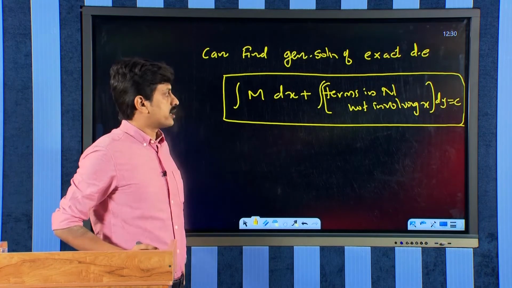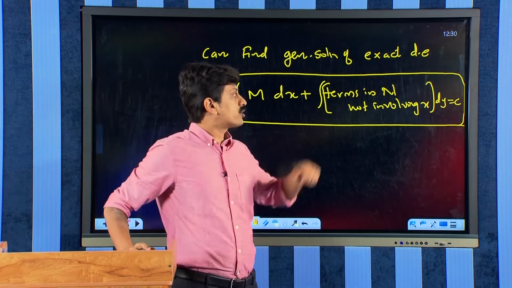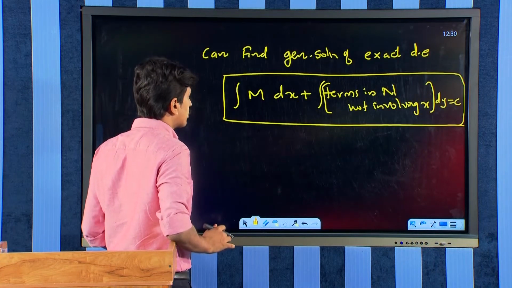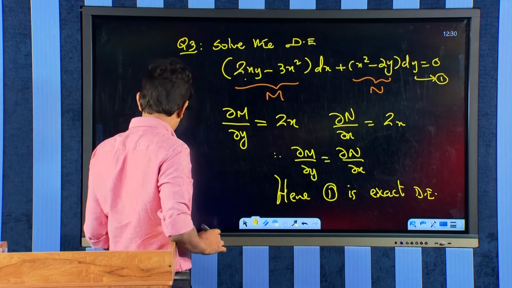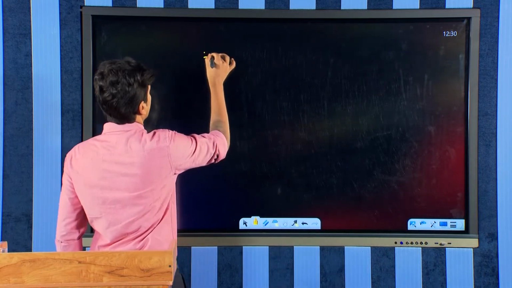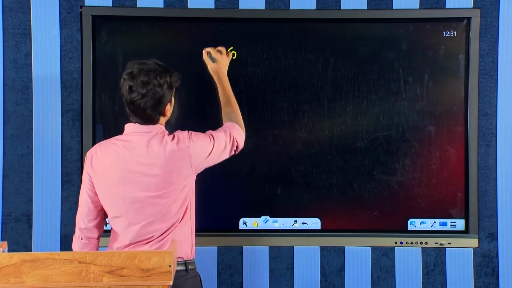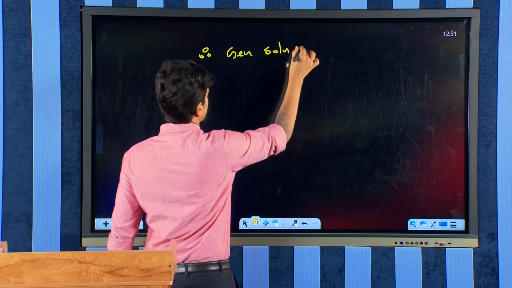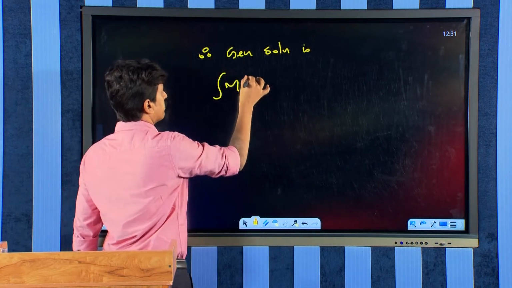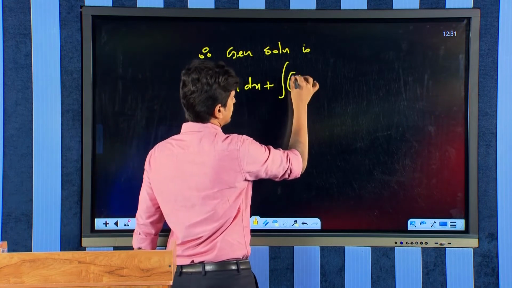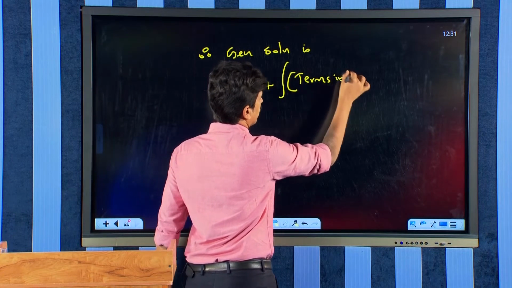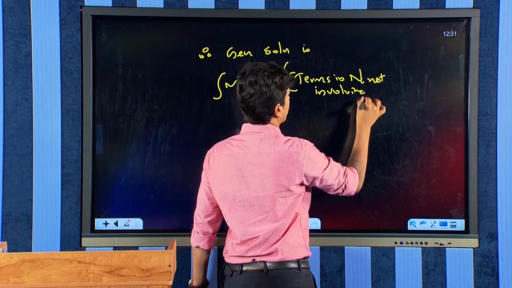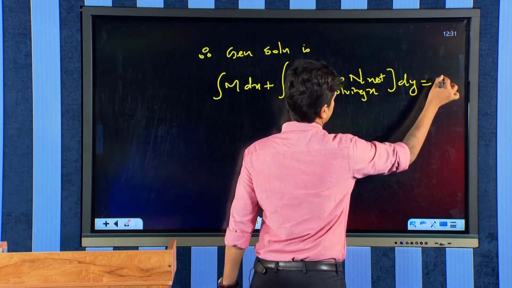The general solution is the integral of M dx plus the integral of the terms in N not involving x dy is equal to c.